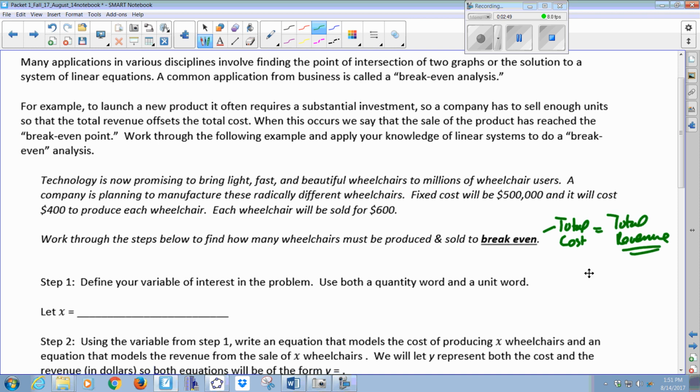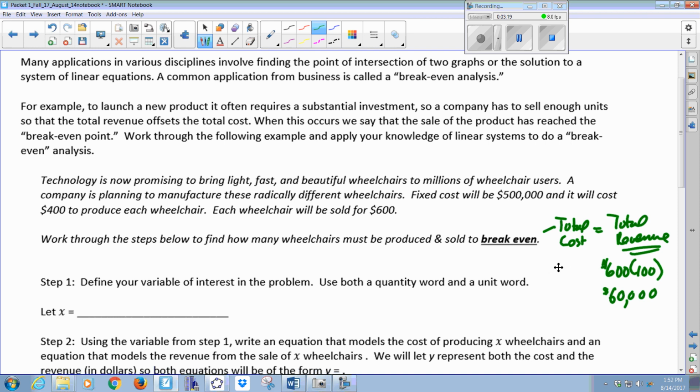And if revenue is a new word for you, it would be how much money the company actually brings in for selling the wheelchairs. So if they sold 100 wheelchairs at $600 each, then the revenue would be $60,000.